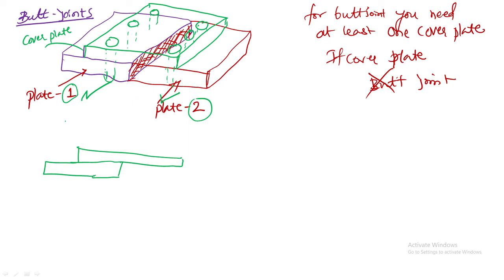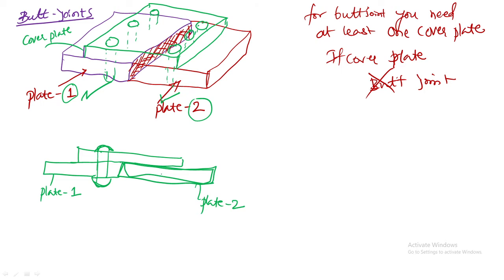Now you just look out. This is plate 1 here. Now I made only one hole, and I made a rivet here. Now there is no connectivity for plate 2.